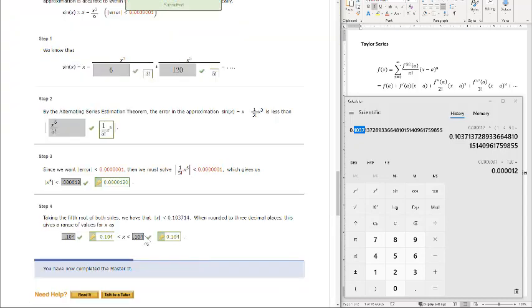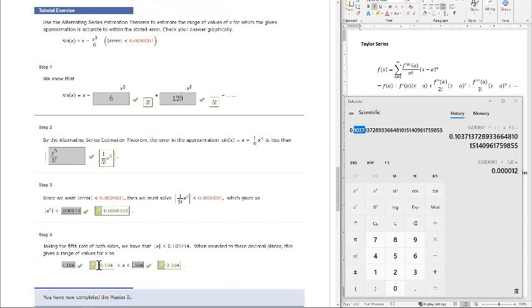Okay, so what they're saying here is that if you remain within these values for your sine function, then you can use the 3rd degree Taylor polynomial, and your error will not get any bigger than this 0.00000001. Okay, I hope that helps.